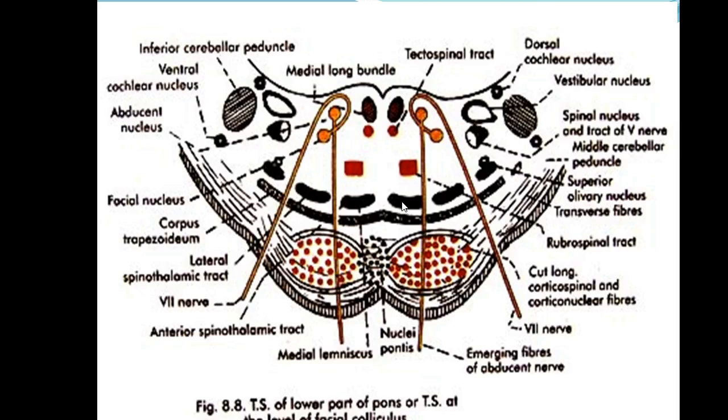Still posterior to the corpus trapezoideum, there lie the lemnisci. From medial to lateral, you find the medial lemniscus and the lateral lemniscus.